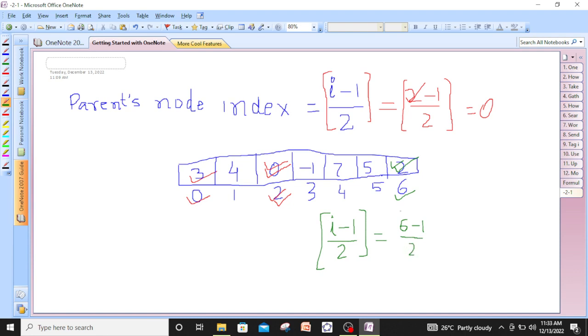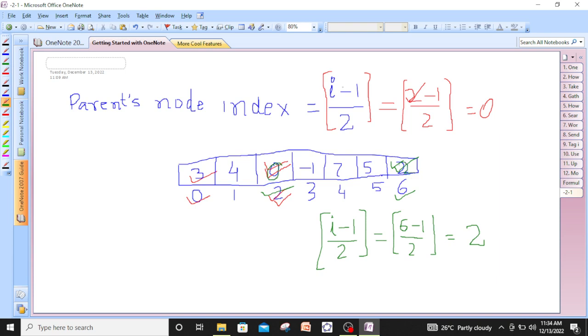This will give you 2.5, and on the left side of 2.5 the nearest integer is 2, so this value will be 2, and this 2 is the index of the parent, and you see the index 2 is here, so the parent will be this 0.